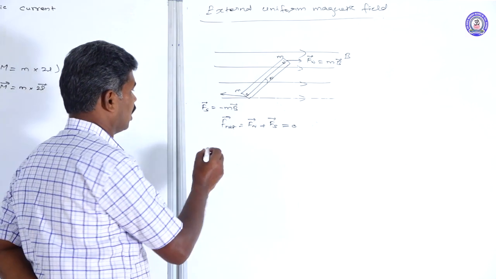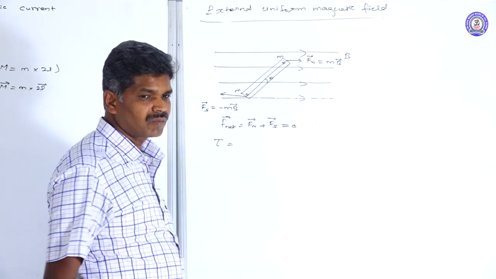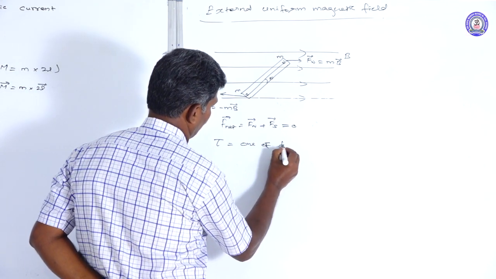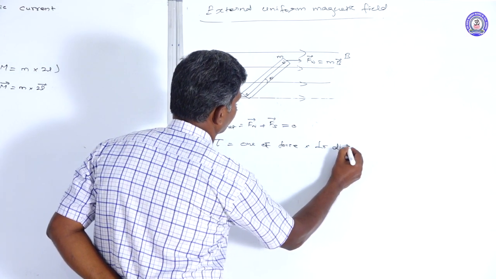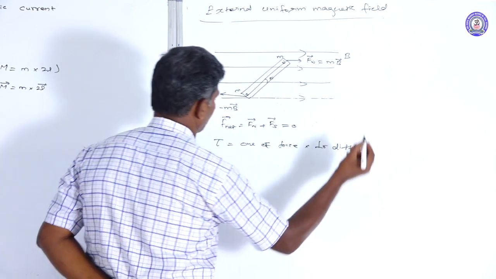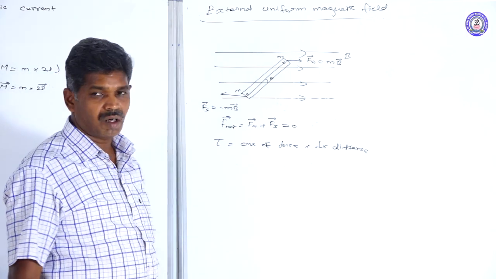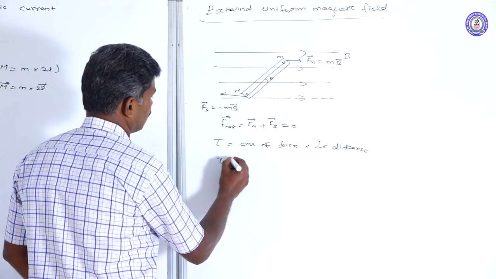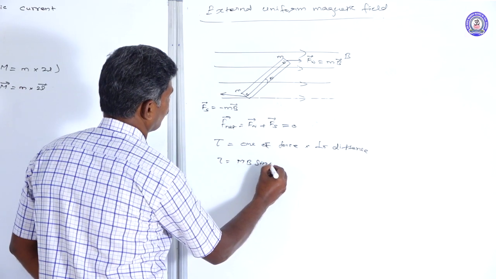The general formula for torque, represented by tau, is one of the forces into the perpendicular distance. Substituting, the torque acting on the bar magnet by the external magnetic field is tau equal to mB sin theta.